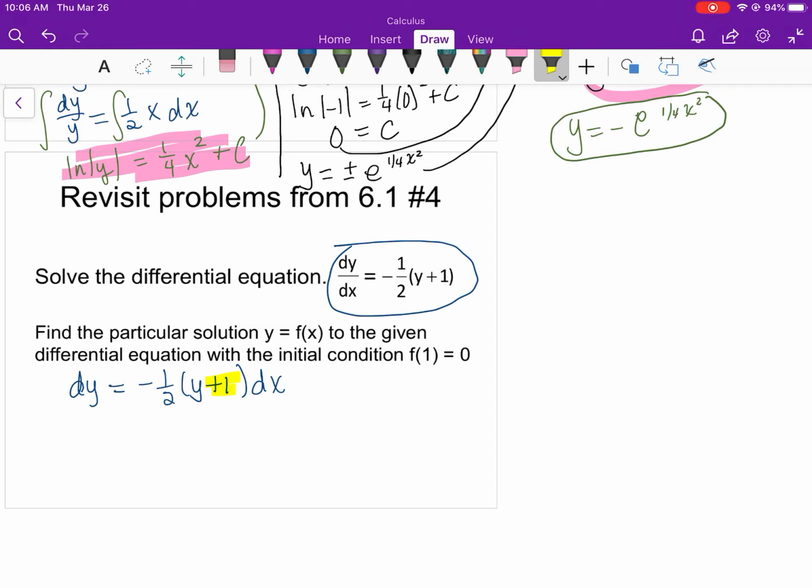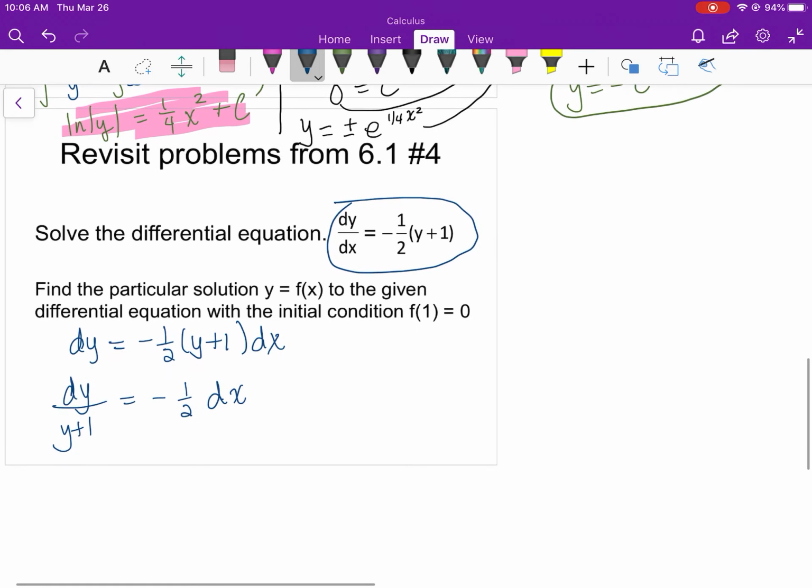You can only use multiplication and division. So here's the story. What we're going to have to do is divide both sides by y plus 1. That gets the y on the other side. Okay, from here you guys should be ready to integrate.